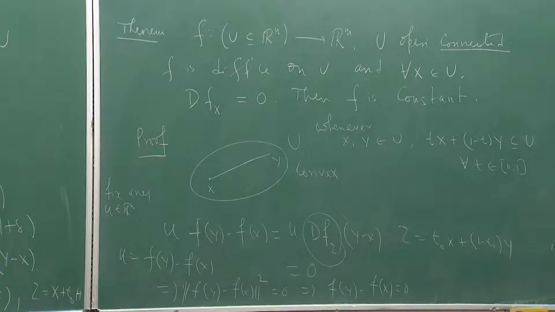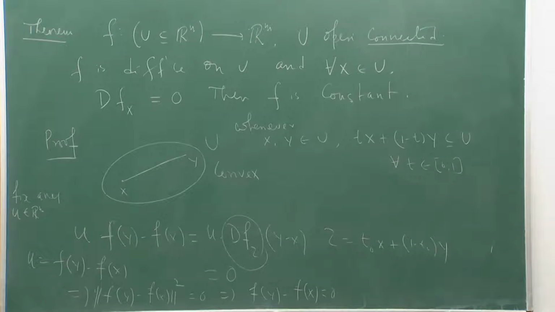But one may immediately recognize there is a problem. What is the problem? U may be open and connected, but it may not be true that any x and y can be joined by a line.